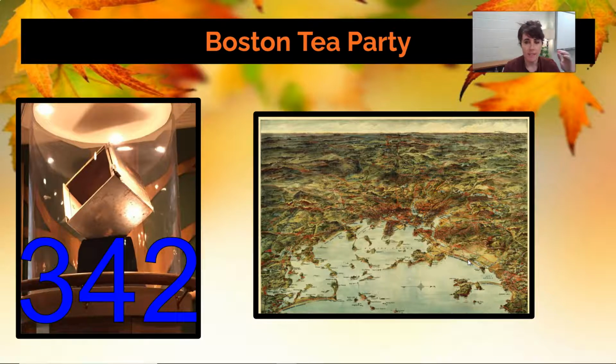And so what they do is they refuse to let the merchants unload the tea. They're saying, absolutely not. We're not going to let you unload this tea. We're boycotting the tea. Stay on the ship, tea. And so what happens is this. The governor of Massachusetts orders the tea ships not to leave the harbor until the cargo was unloaded.